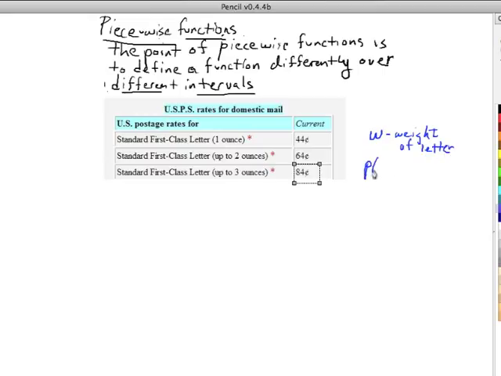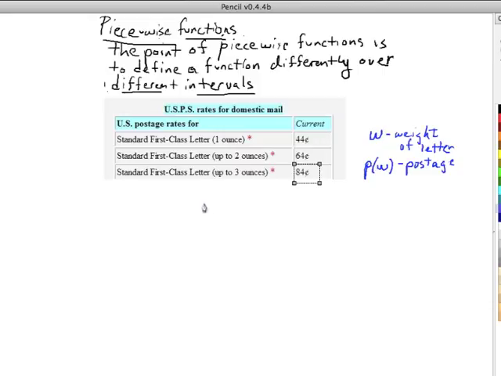So postage is a function of the weight. It makes sense that the postage would be a function of the weight. If you gave me the weight, I could tell you what the postage is.